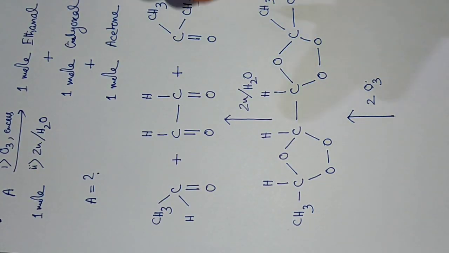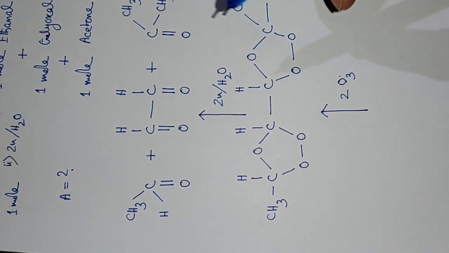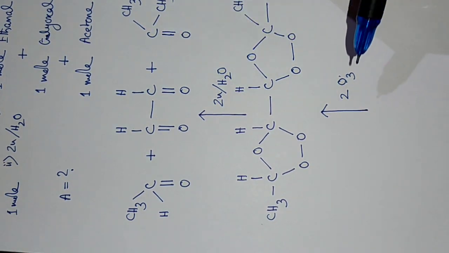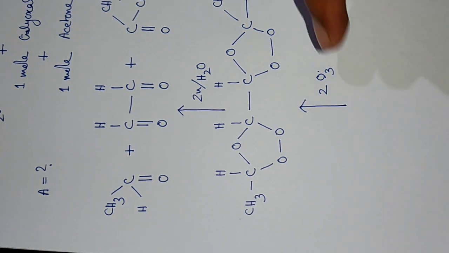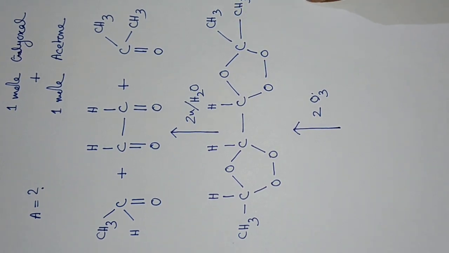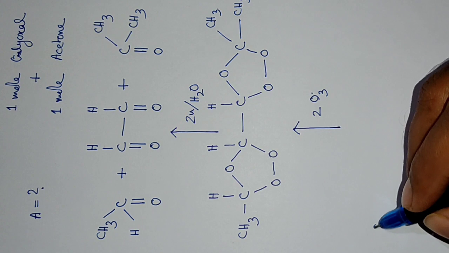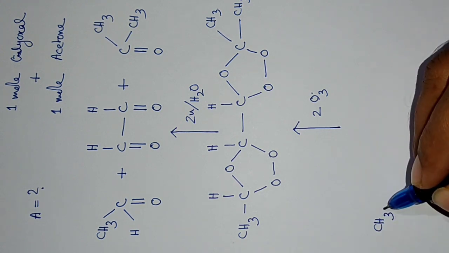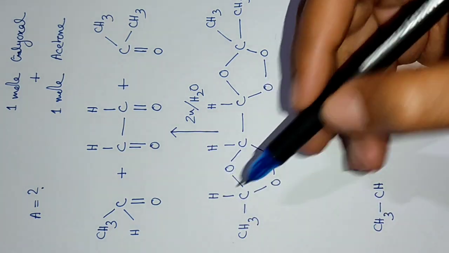Now upon analyzing the products, we will be able to find the position of unsaturation, that is the position of the double bond, and the number of such unsaturations depending upon the number of ozone molecules it takes up. So the actual molecule with which we have started, that is A, is CH3CH, CH3CH.